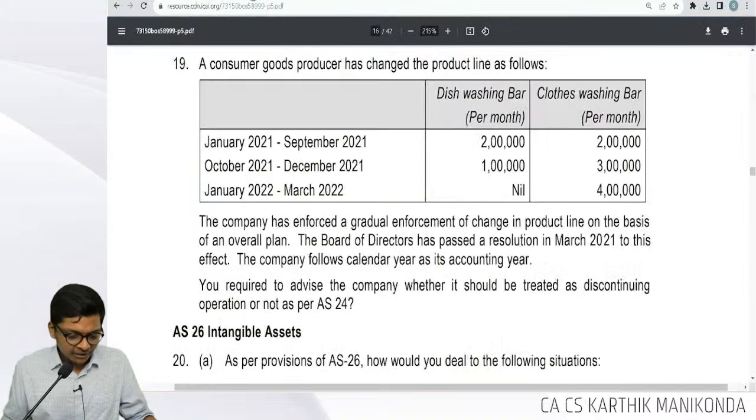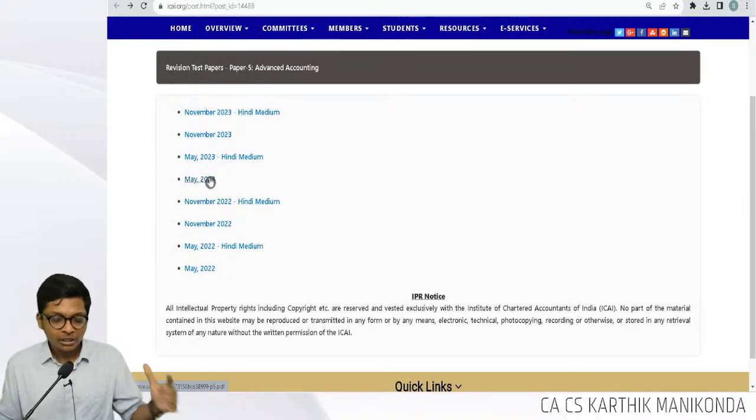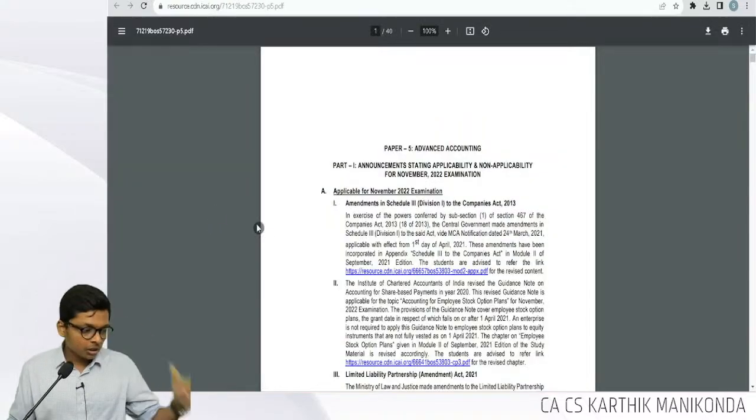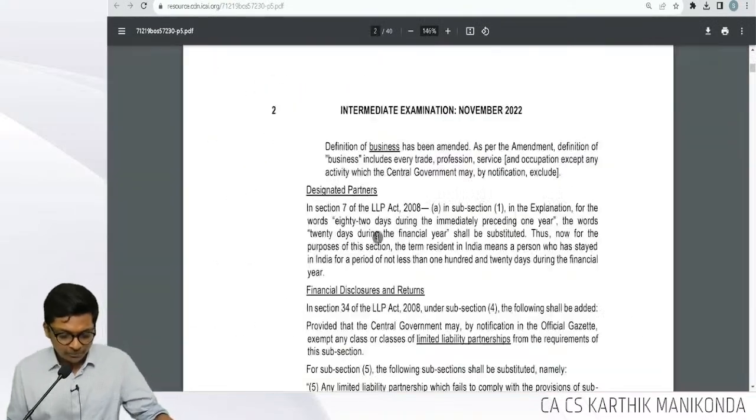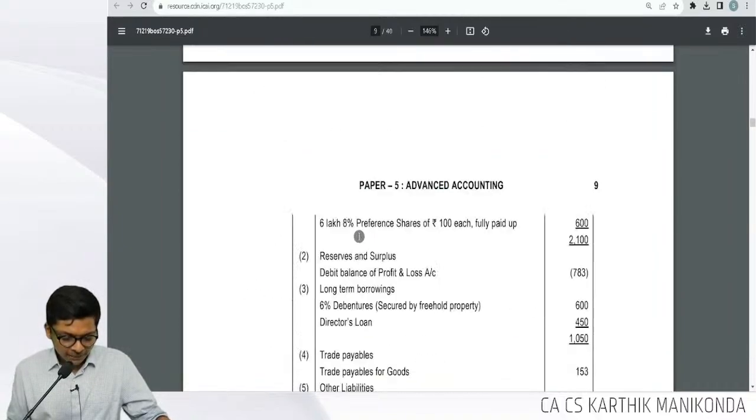Let me try and find RTP May 23, only we saw note. I am looking for questions from deferred tax just to do one more sum if we find it here, otherwise just at least 1 to RTP sums.